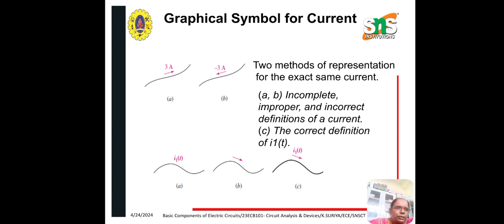Whereas in the circuit given below, I1 of t is given, but the direction is not mentioned in the first one, represented as A in the bottom. Whereas in the B diagram only the direction is given, the parameter is not mentioned. The C represents the correct current representation. So current should be represented by an arrow mark along with the parameter mentioned on that.